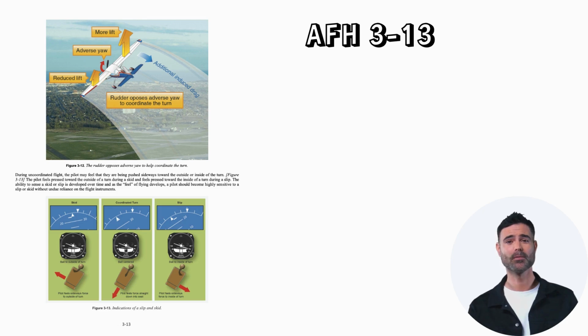During uncoordinated flight, the pilot may feel that they are being pushed sideways toward the outside or inside of the turn. The pilot feels pressed toward the outside of a turn during a skid and feels pressed toward the inside of a turn during a slip. The ability to sense a skid or slip is developed over time, and as the feel of flying develops, a pilot should become highly sensitive to a slip or skid without undue reliance on the flight instruments.